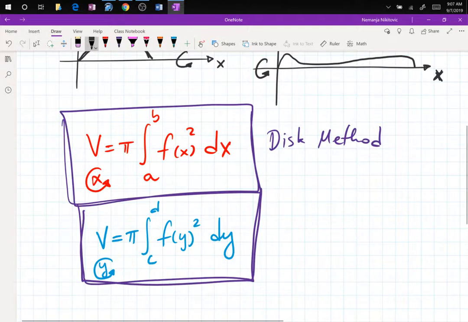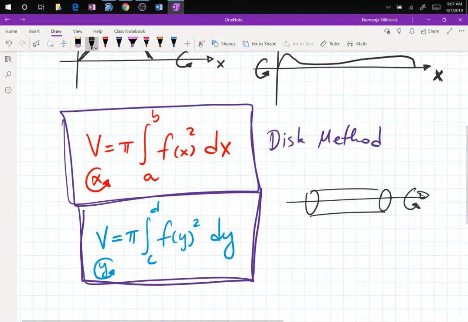See, we said that when you cut the object, let's say you have the object, it's a cylinder, and the axis of rotation is x. When you cut the object, let's say here, this object would be a very thin disk.